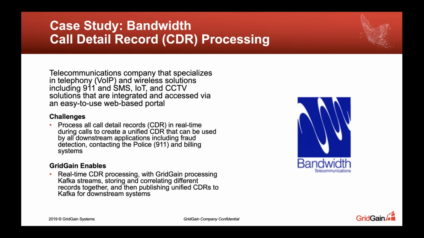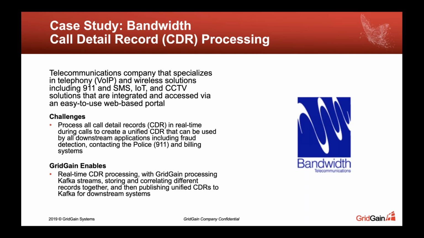If you'd asked me 10 years ago whether your standard IT vendor would get into the OSS or the switching layers, I would have been very skeptical, having looked at it a few times. But now that's a lot more common. And Bandwidth Communications was a great example of this, who basically were building new data streams on Kafka and Ignite.